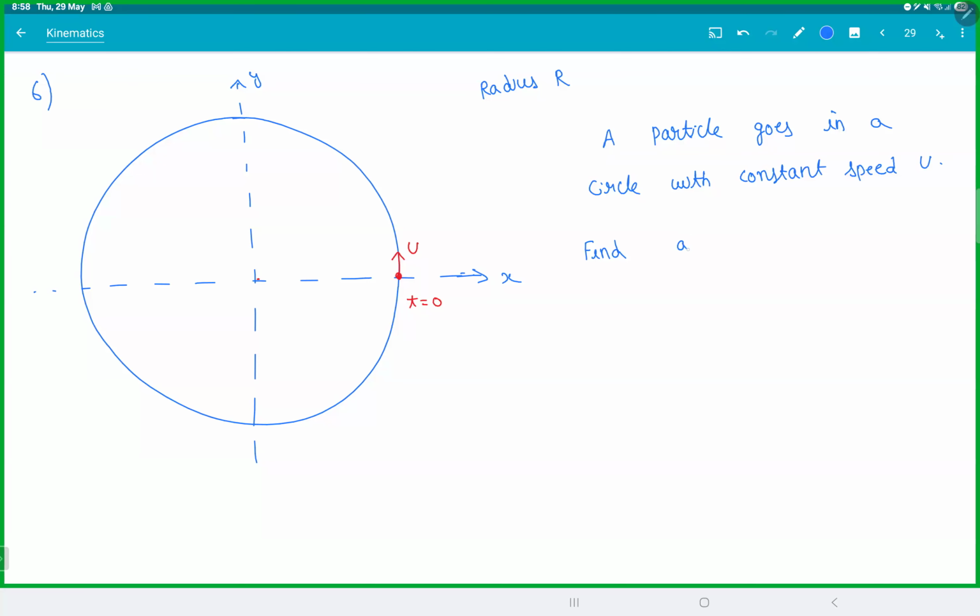Find the average velocity. Find change in velocity. Find average acceleration. Find instantaneous acceleration.